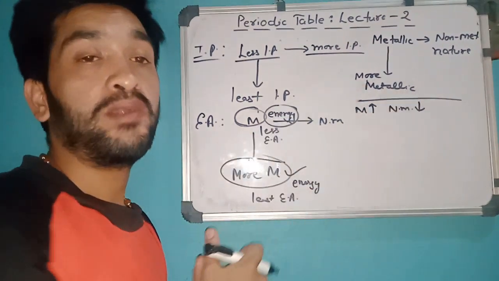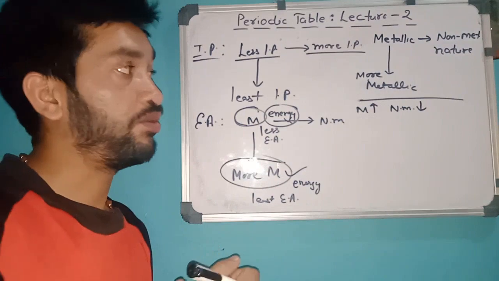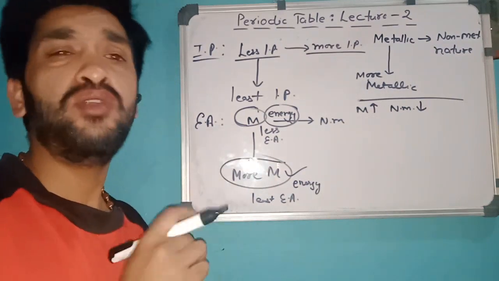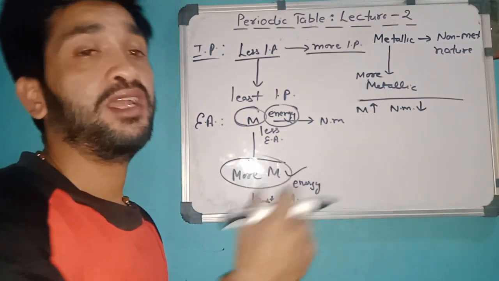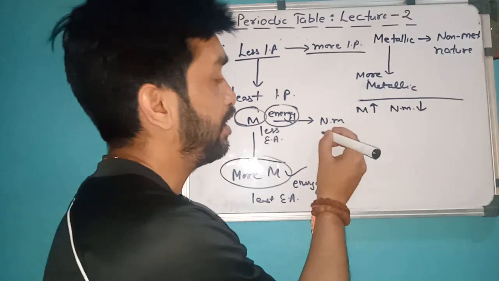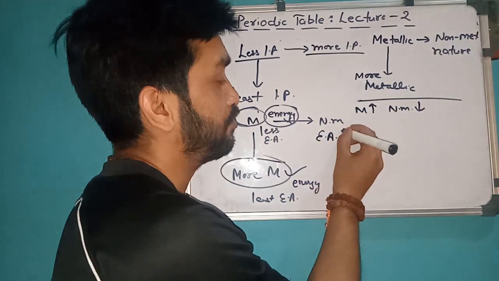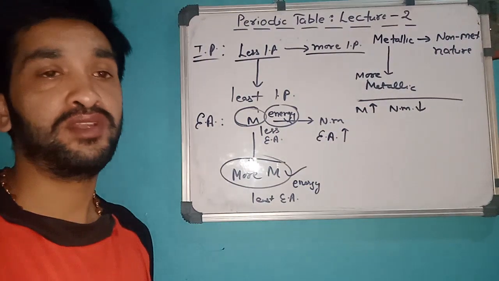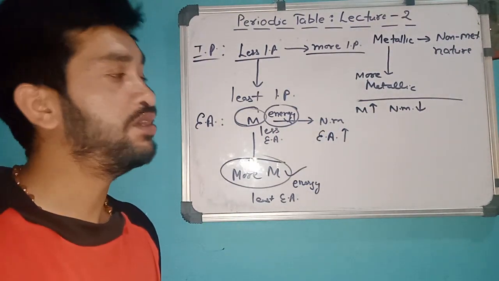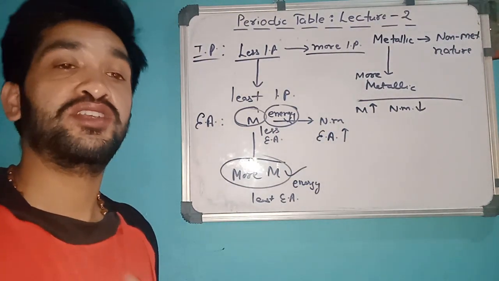But if you talk about non-metallic species, they are ready to add an electron, and if they are ready to add an electron, it means definitely energy will be released. So it means electron affinity in this case will increase. Definitely it will increase. Why? Because they are ready to add an electron, and whenever an electron is added, energy will be released.